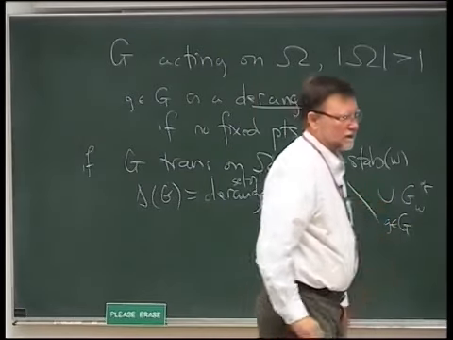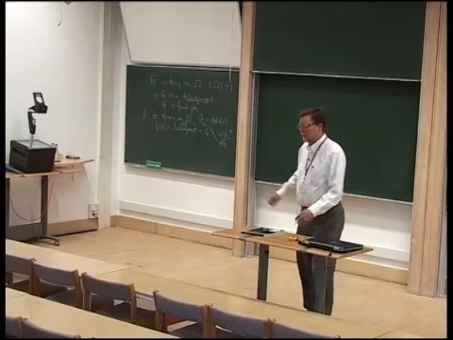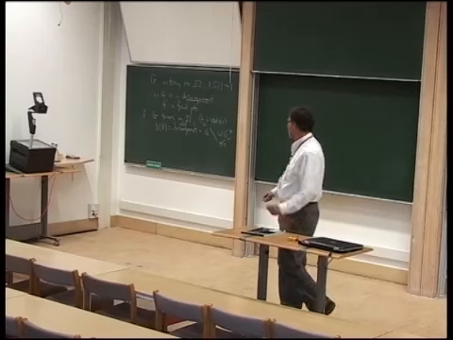So Jordan's theorem is just that the union of the conjugates of a proper subgroup of a finite group is not everything. That's a trivial counting argument.